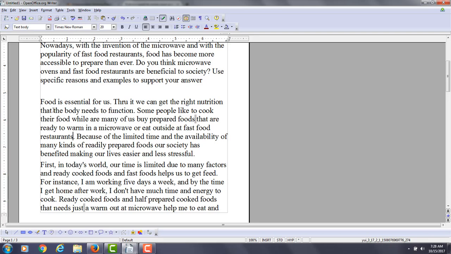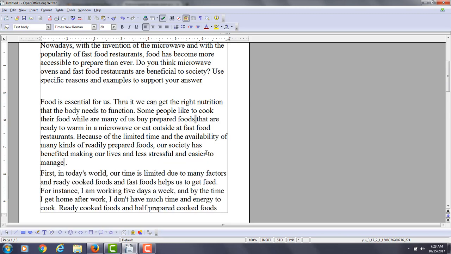Because of the limited time and the availability of many kinds of readily prepared foods, our society has benefited making our lives. What if we did this? Making our lives less stressful and easier.